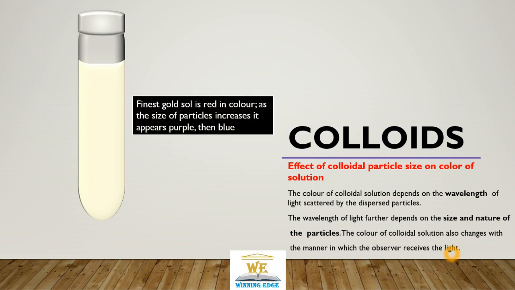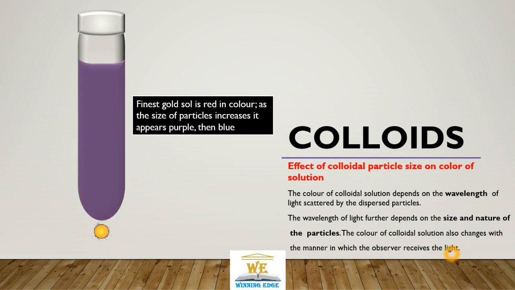For example, the finest gold sol is red in color. As the size of the particle increases, it appears purple, then blue. The color will keep on changing as the particle size changes, ultimately turning bluish.